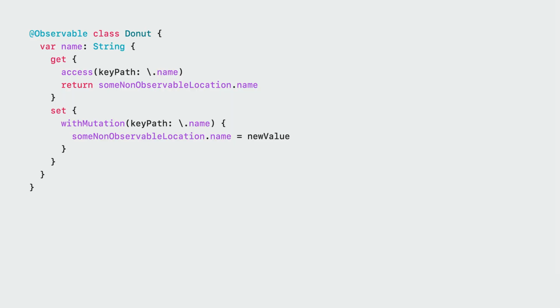This only needs to be done when the property that would be observed is not changed via some sort of composition of stored properties in the observable type. In this case, all that needs to be done is tell observation when the property is accessed and when the property changes. This is how observation synthesizes access to properties normally, except here, we've rewritten those custom access points manually so that the non-observable location can be read and store the name.